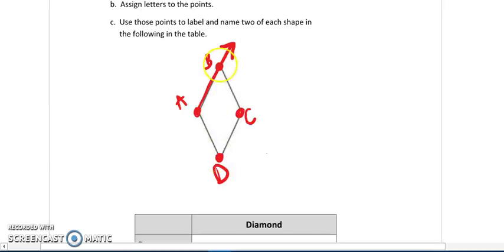Let's extend from B to C. That's a ray. I start at B and I extend through C. And then I also want to extend A to D. Actually, I just did D to A, didn't I? Alright.